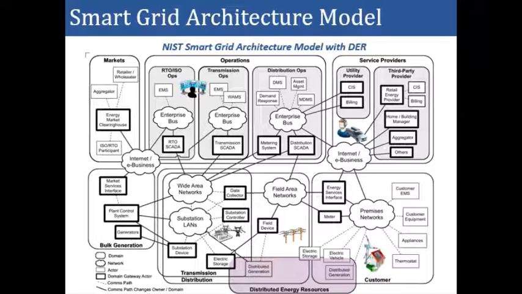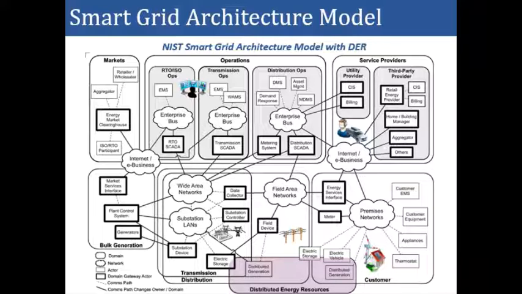The devices at the customer, transmission, or distribution level exchange data with various applications in the operations and service provider domains, and maybe the markets domain, for the efficient operation of the power system network.